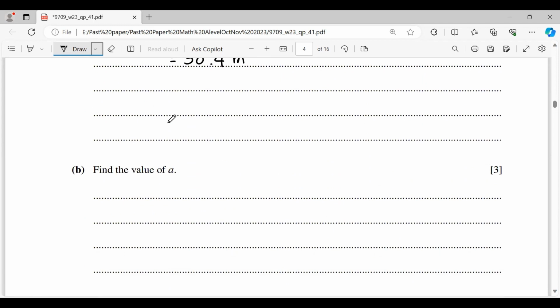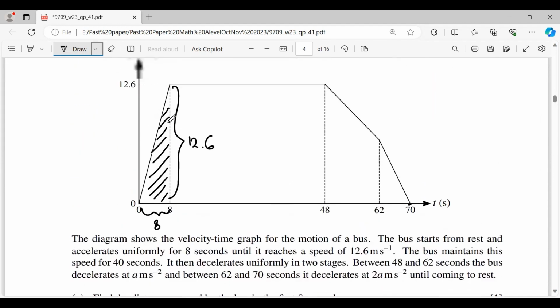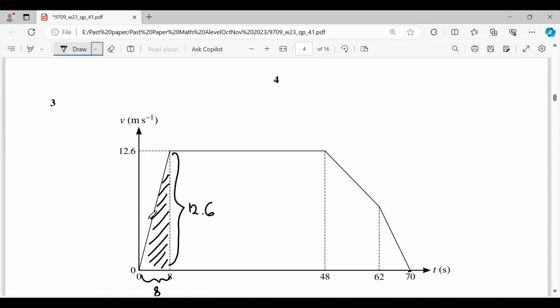Okay. Find the value of a. Right. The speed until here is 12.6. As well until here 12.6. So the speed here equals 12.6, and as well here the speed is 12.6.